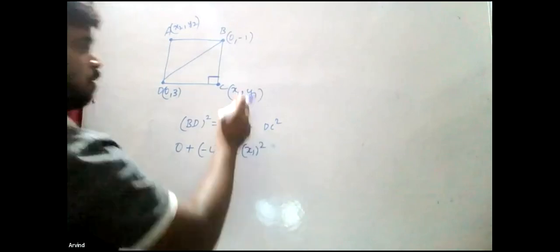I'm doing it directly: x1 minus 0, so x1 comes, squared, plus y2 minus y1, that is y1 minus of minus 1 will give you plus 1, the whole square, plus DC square.